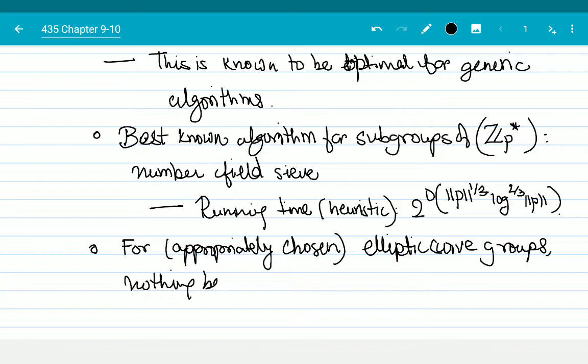Nothing better than generic algorithms is known.